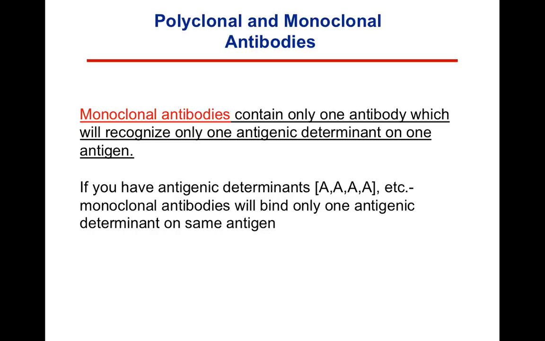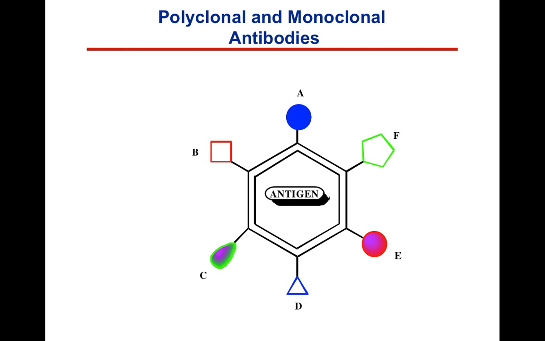So this means if I had in a test tube a monoclonal antibody to antigen X, all the antibodies in there would only bind to the antigen determinant A on that antigen X. So this is just a figure that may help in getting this idea across.